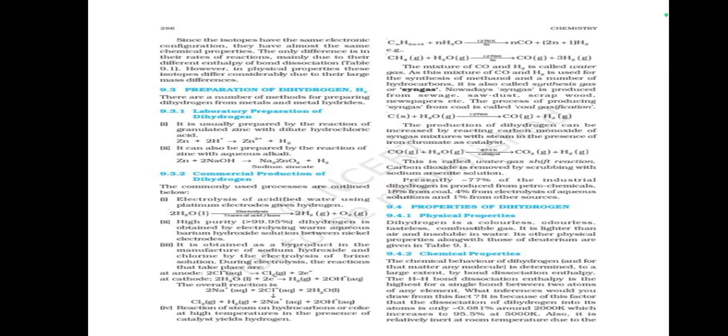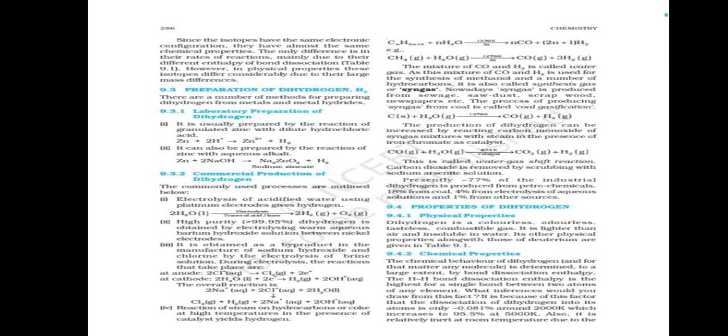What inference would you draw from this fact? It is because of this factor that the dissociation of hydrogen into its atoms is only 0.0181% around 2000 K, which increases to 95.5% at 5000 K.